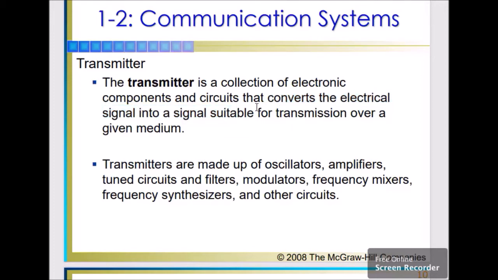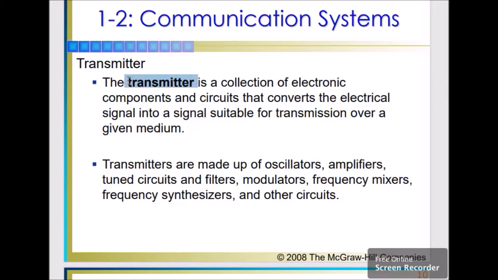Kasi for example, yung signal mo, or yung source of information mo, say for example, is voice. Tapos padadaanin mo siya sa wires. Yung voice, basically, hindi siya makakadaan sa wires. Tama po ba? Kailangan mo na siyang i-convert into electrical signals, okay, suitable signal, para makadaan siya doon sa medium. Okay? So, ang mag-a-adjust is si transmitter.